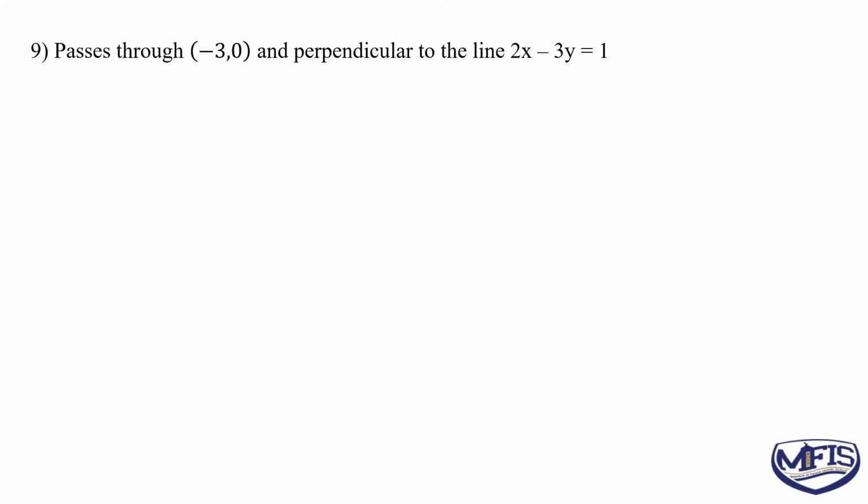So we have passes through the point (-3, 0). So this is represented by a vector A equal (-3, 0), perpendicular to the line 2x minus 3y equal 1. So we have m1 will equal negative coefficient of x over coefficient of y, negative 2 over negative 3, so it will be 2 over 3. So the required slope m2 will be negative 3 over 2.